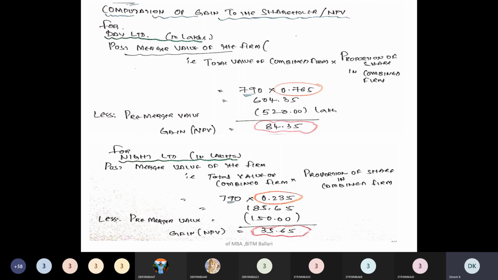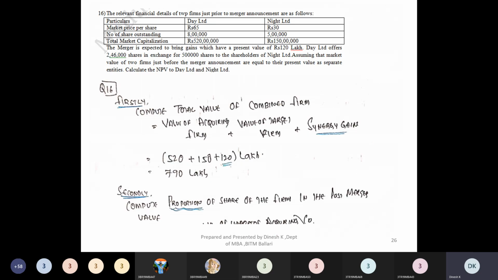If you multiply, you will get 185.65 lakhs, less the pre-merger value of 150 lakhs. So you'll get 35.365 lakhs. This is the net present value for the shareholders of the acquiring company and the target company. Both firms have a positive net present value, which shows that the merger is beneficial for both the companies here. Okay, this is about the 19th question.